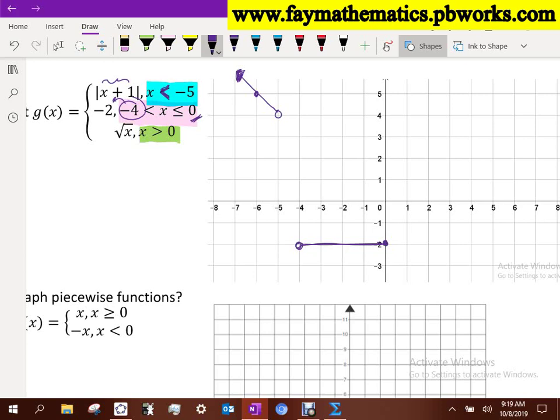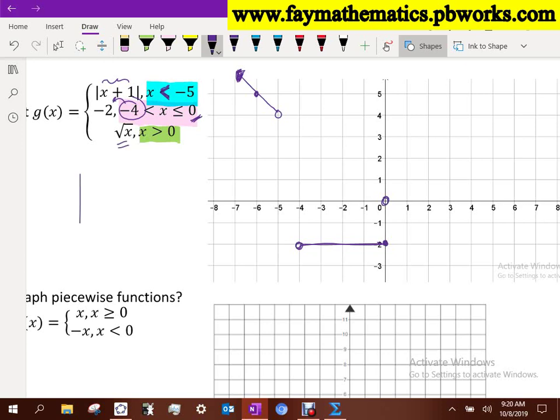Thank you, Peyton. So you plug 0 in. I plug 0 in, what do I get back? 0. Now, is this an open dot or closed dot then at 0, 0? It's open. Okay.